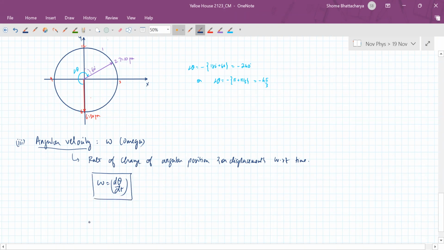Whereas we define average angular velocity as average rate of change of position or displacement with respect to time.